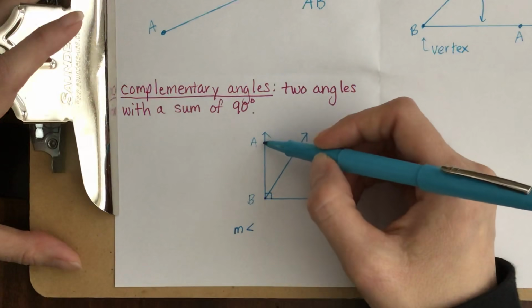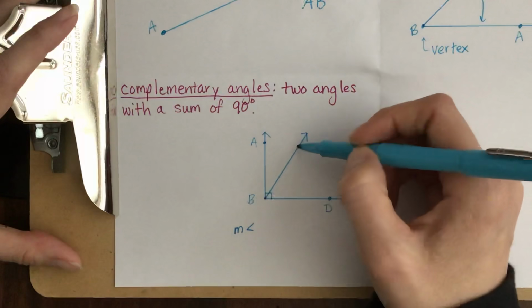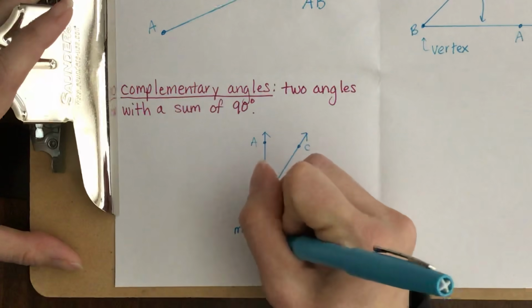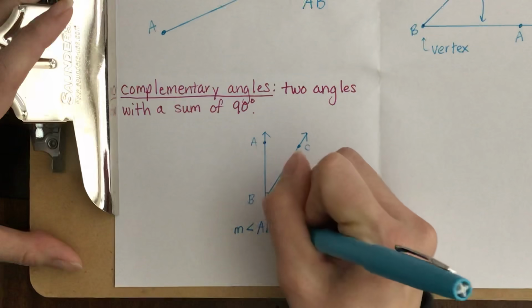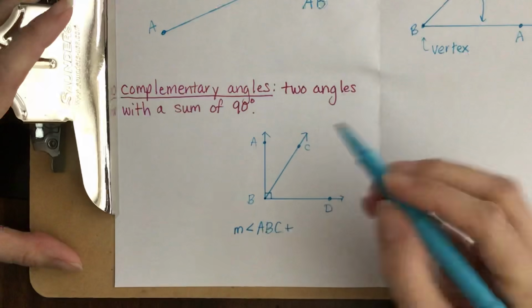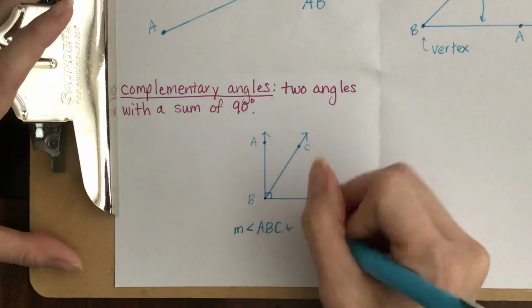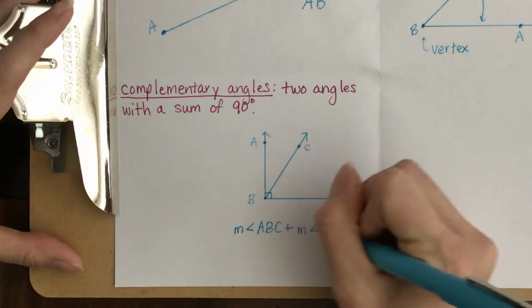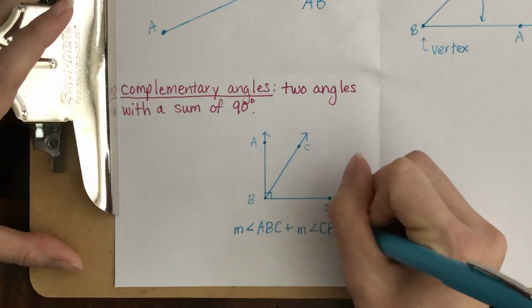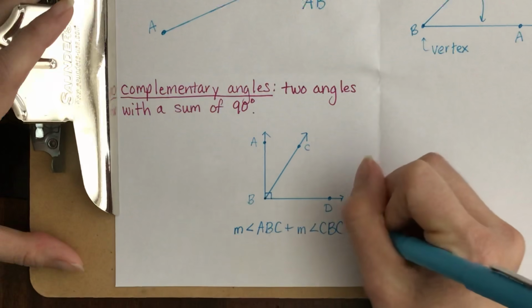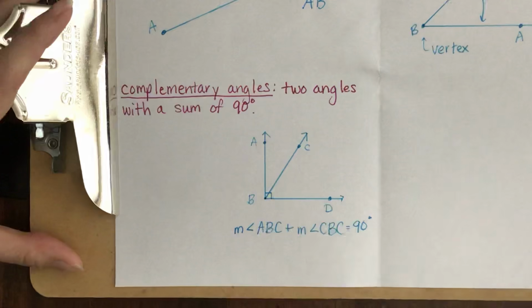Now this angle right here is called ABC. So we can say the measure of angle ABC plus the measure of this angle right here, CBD, is equal to 90 degrees.